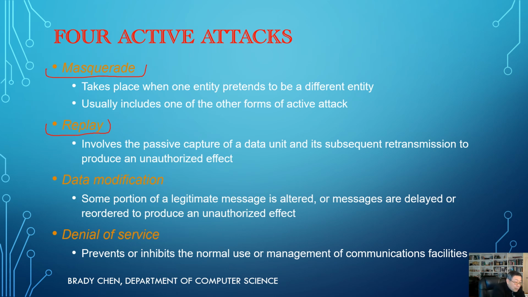Now the data modification, this is straightforward, right? When someone attacks the system and then modifies the data, that's definitely an active attack. Data modification means some portion of a legitimate message is altered, or messages are delayed or reordered to produce an unauthorized effect. So in any way, they just mess up the original message.